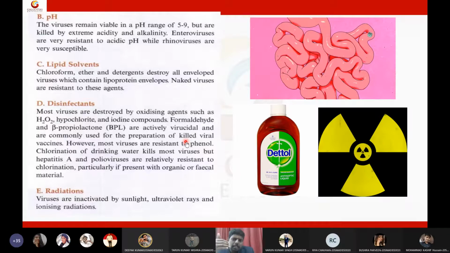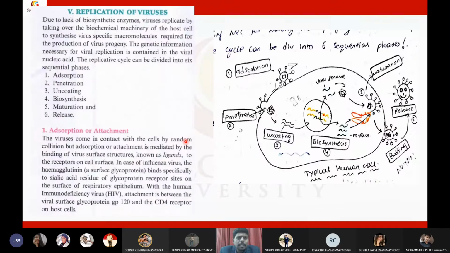Since viruses only have genetic material, exposing the virus to these deadly radiations, be it UV, microwave, gamma or X-rays, you can inactivate a virus. You can kill a virus by subjecting it to radiation. Okay, so radiations, and that's it.